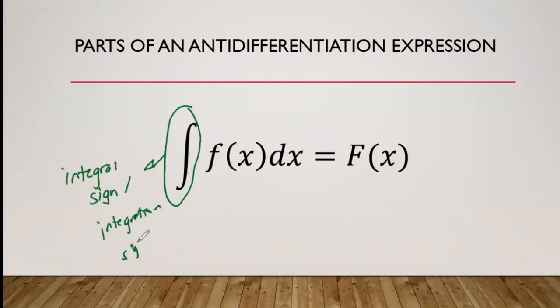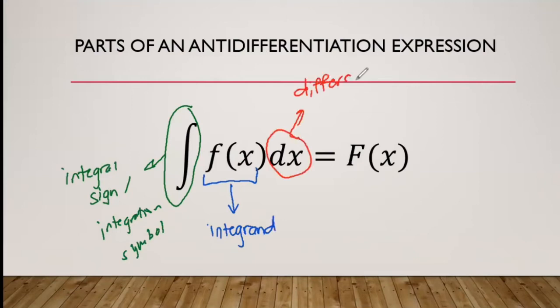Now, the function that we have here, this is actually a derivative, and we are reminded that it's a derivative because of the notation dx. So what we call f of x here is the integrand. Ayan. Tapos itong dx, this now tells you the differentiation variable.